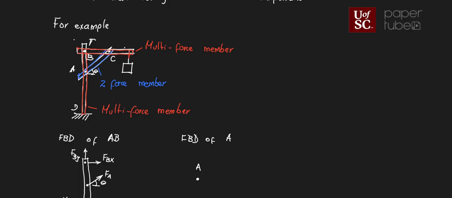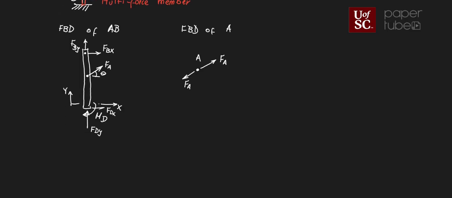And for that, we're going to have a force coming from the blue element and a force coming from the red element, right? For this to be in equilibrium, the only option is that they are the same magnitude and opposite direction. There is no other possibility for that particle to be in equilibrium.